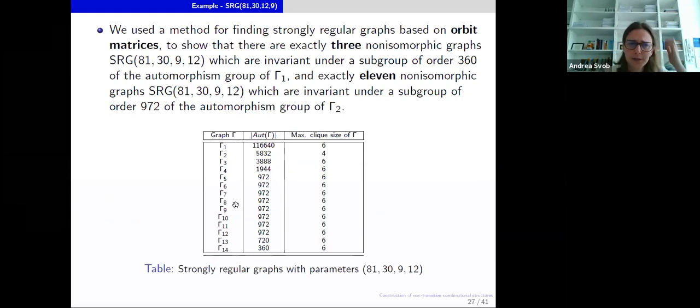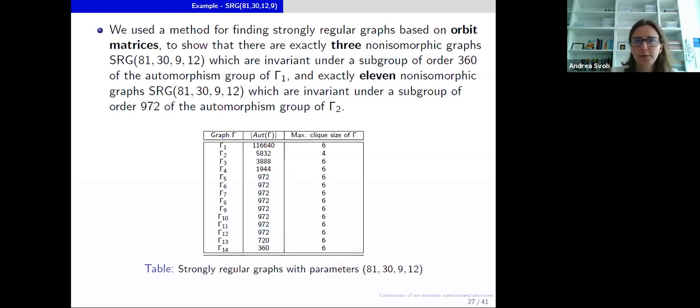In total, we constructed 12 new strongly regular graphs, and here is the table. The method that we used is based on orbit matrices.